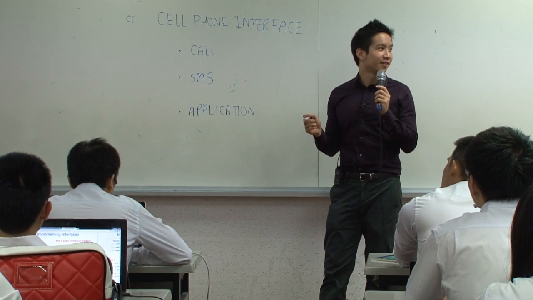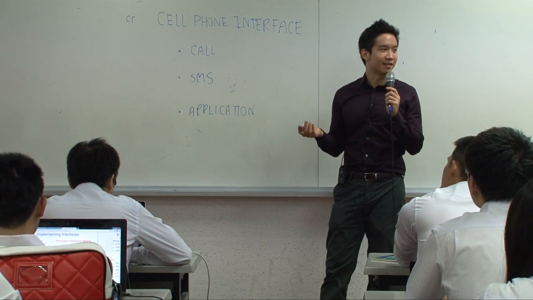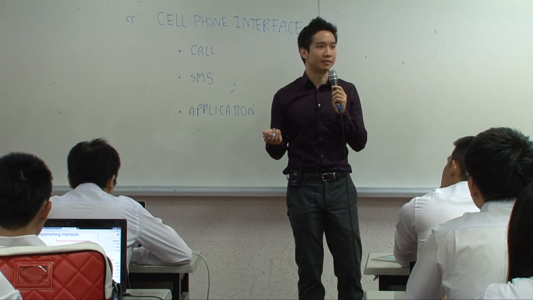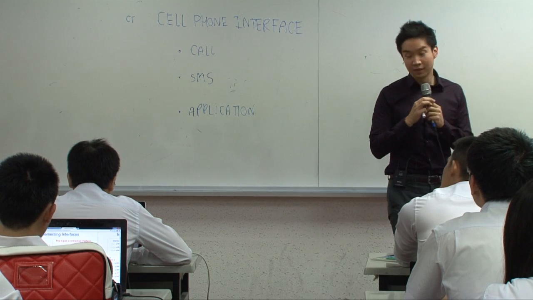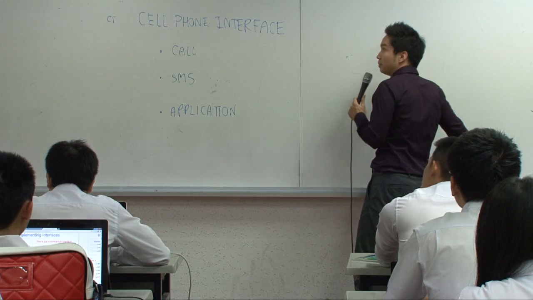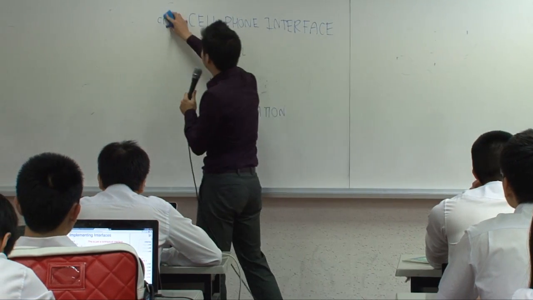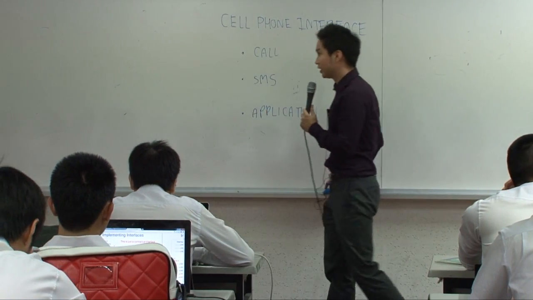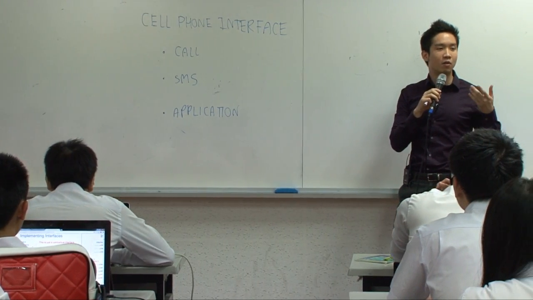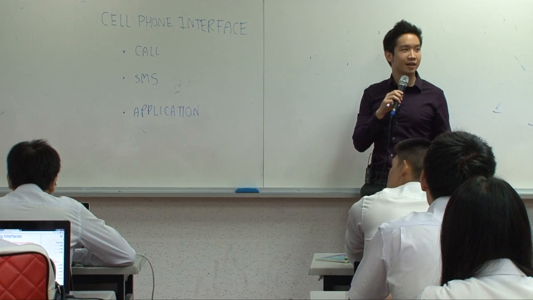If you got a phone that you can't install apps on, then what's the point of having the phone? So these are the three behaviors that we expect from a cell phone. It doesn't matter if it's an Android cell phone or iPhone or Nokia.